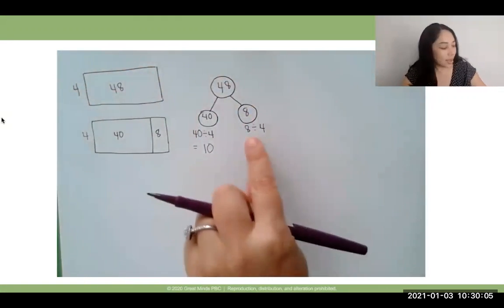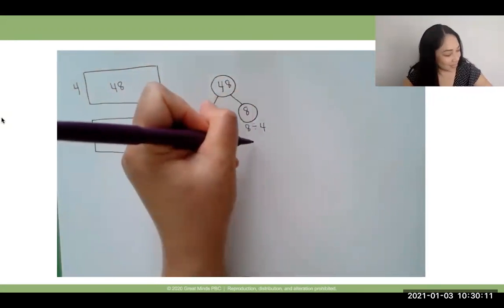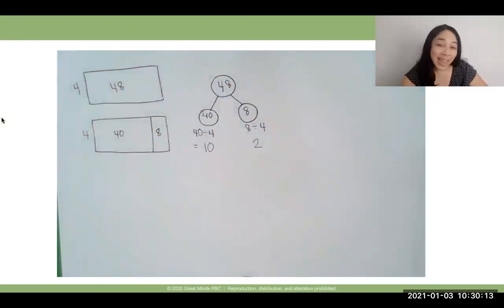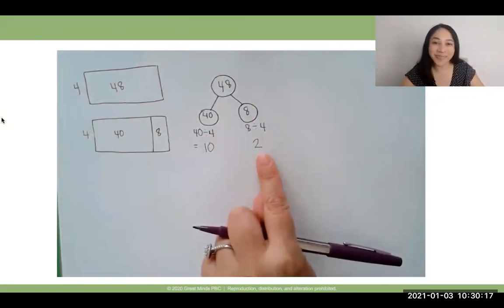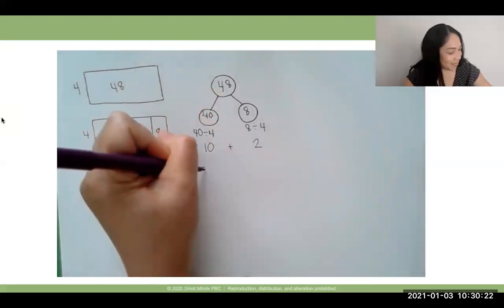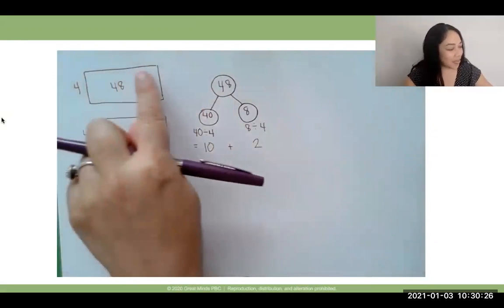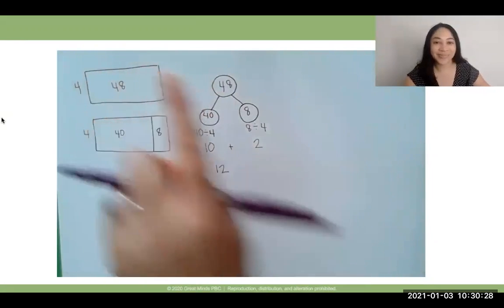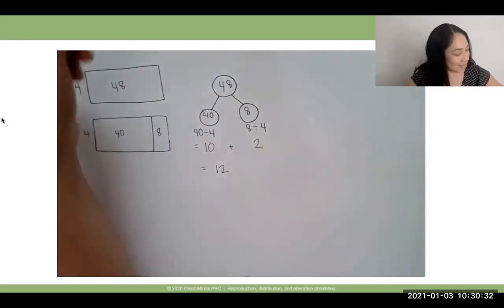What is 8 divided by 4? 2. Next, we add. What is 10 plus 2? 12. What is the length of our unknown side? 12 units.